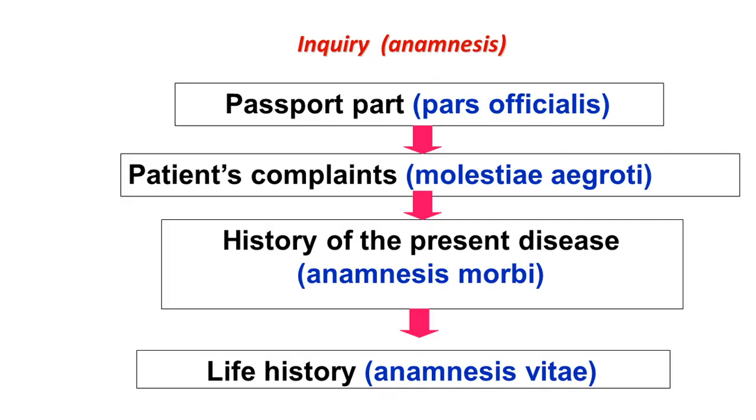There are parts of history taking, or inquiry of the patient, or anamnesis. The Latin name of inquiry is anamnesis. There are 4 steps. First is the passport part, pars officialis, and patient complaints. Then history of the present illness, Latin name anamnesis morbi, and life history, Latin name anamnesis vitae.